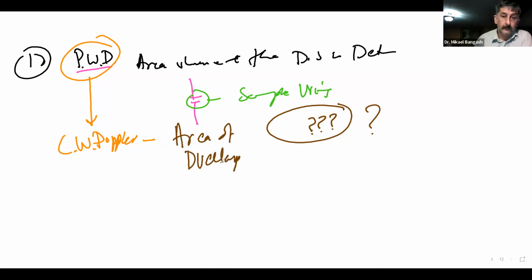Clear? Because it is continuously transmitting and it is continuously receiving. So that shouldn't have taken 5 minutes.